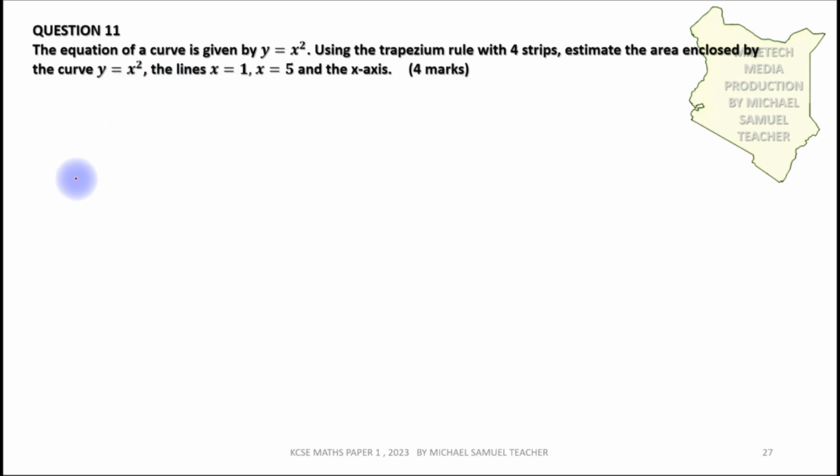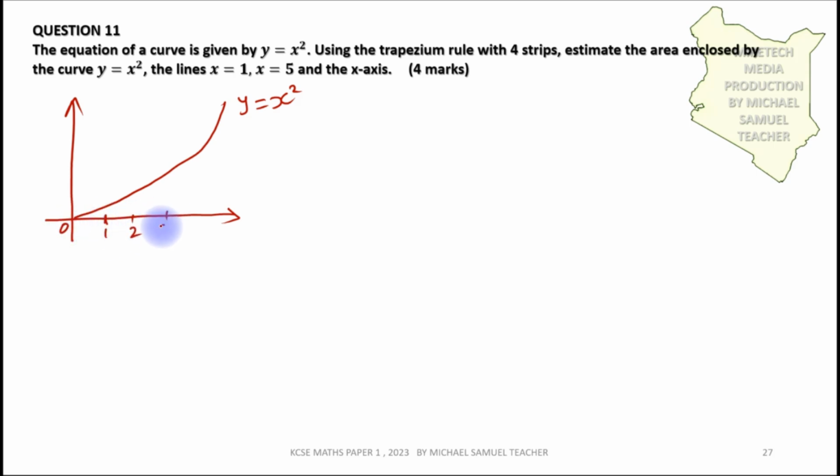In normal practice, if the curve was to be drawn, it has this kind of a shape through the origin, y equals x squared, and therefore we require from x equals 1, so 0, 1, 2, 3, 4, 5. So that's what we are required to have.